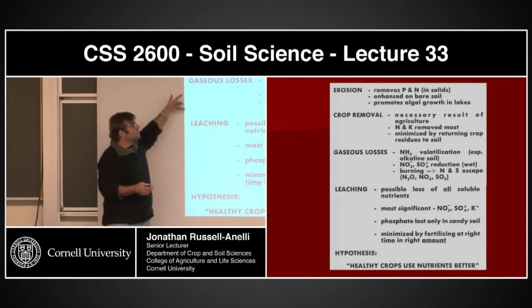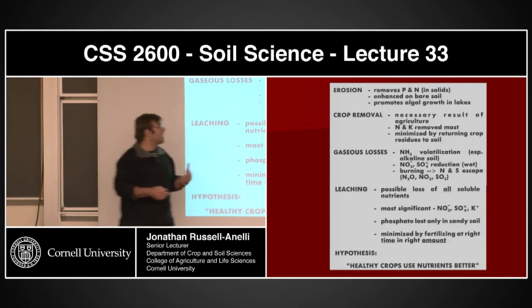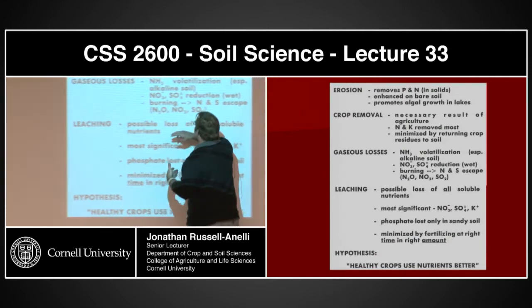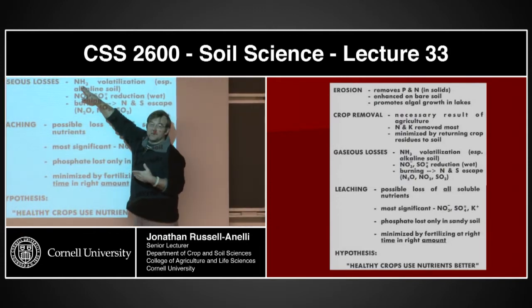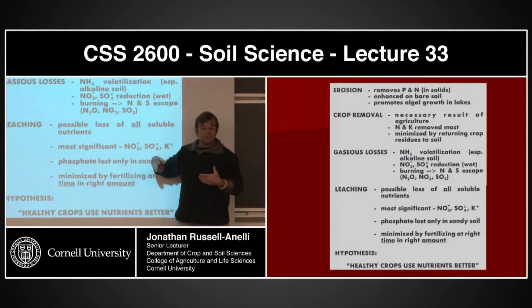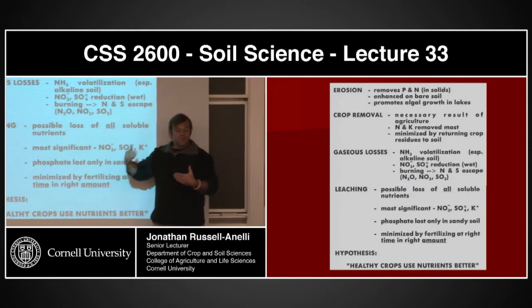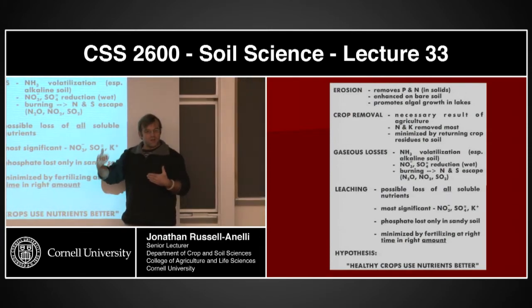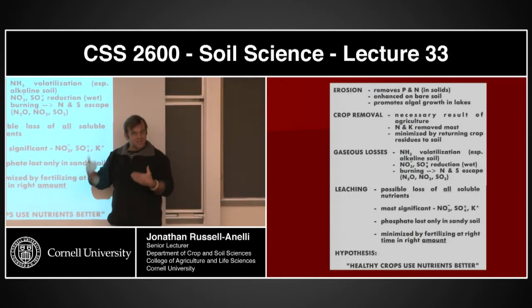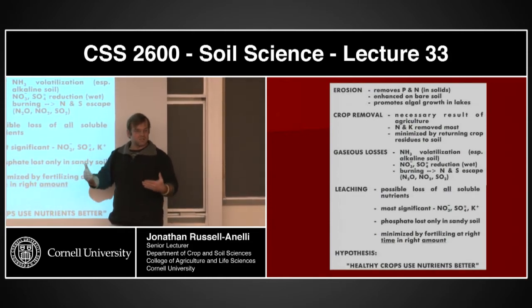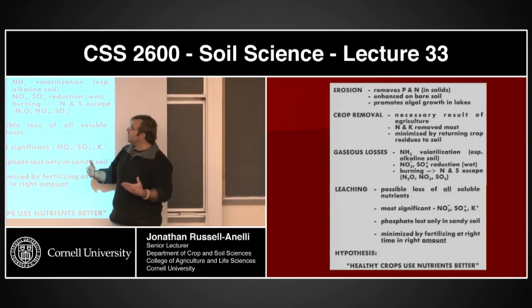Okay? Gaseous loss, this has to do with the nitrogen cycle predominantly, but it can also have to do with sulfur. Basically, when you're looking at ammonification, once that amine group from the crop residue or the organic matter decomposes and is put into ammonia, ammonia is a gas, so it can literally volatilize from the system. Certainly when you burn stuff, you're going to have volatilization as well.